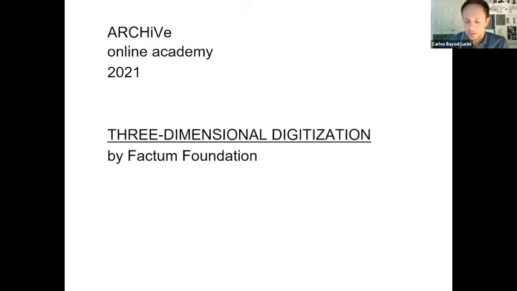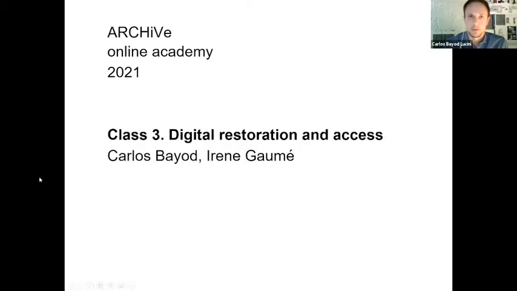So in the last sessions, we have been looking at different methods of recording, different technologies that we use constantly in many projects for capturing the shape and the texture of artworks and other original elements.